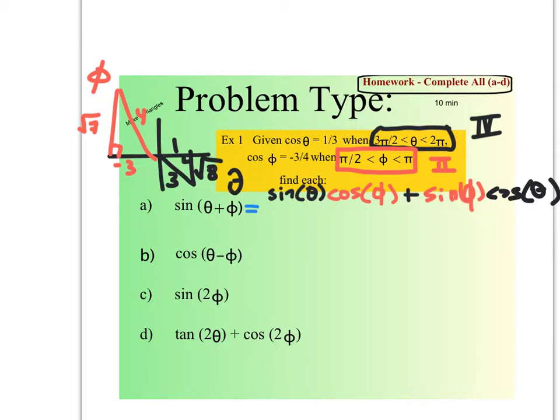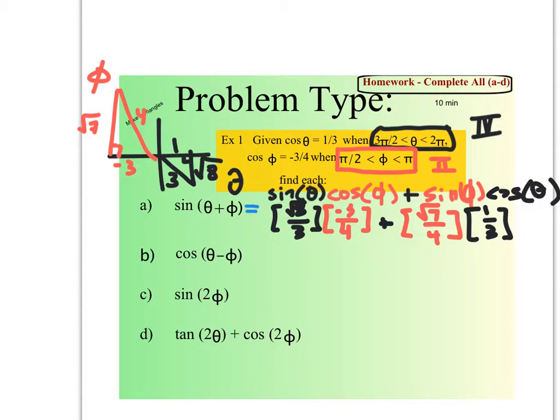So what would those values be? Sine of theta is root 8 over 3. I used the Pythagorean theorem to find that root 8. Cosine of phi we already knew was negative 3/4. Sine of phi is root 7 over 4. Cosine of theta is 1/3. We already knew that.